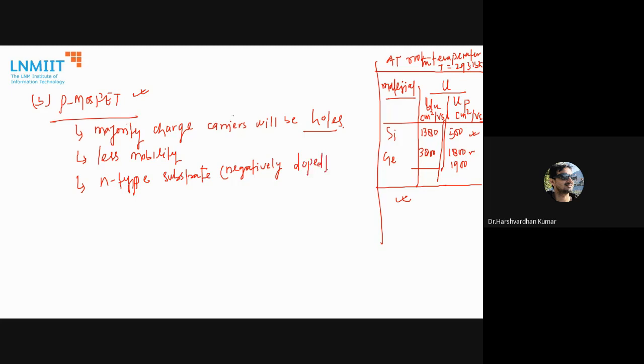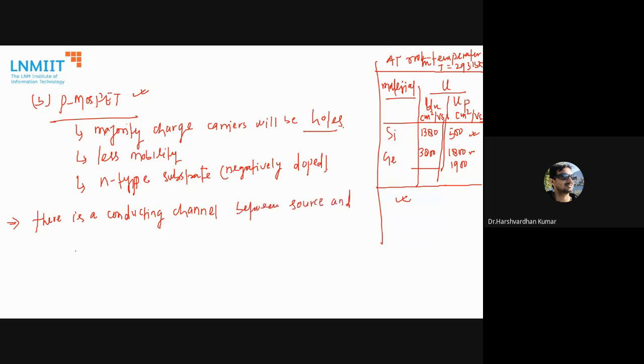Now we will also discuss the structure. Next point, there is a conducting channel between source and drain.